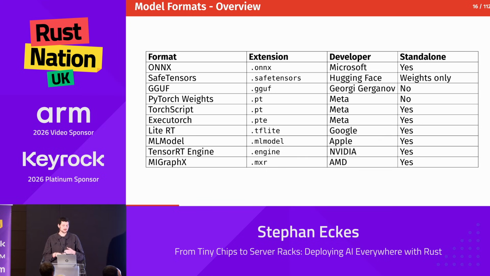And some of them are not standalone. That just means they contain only the weights, or only the weights and some metadata. And then you also need the model code. So basically it just contains the data, but the code needs to be built by yourself to run this inference in the end. So you need to find someone that already implemented it.